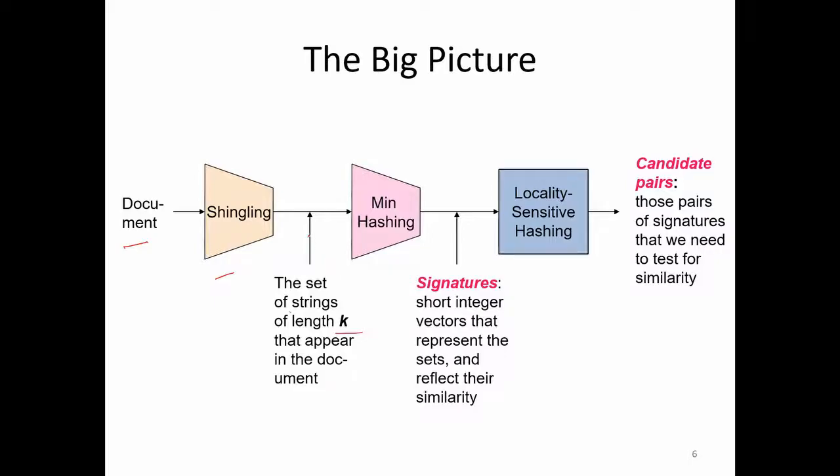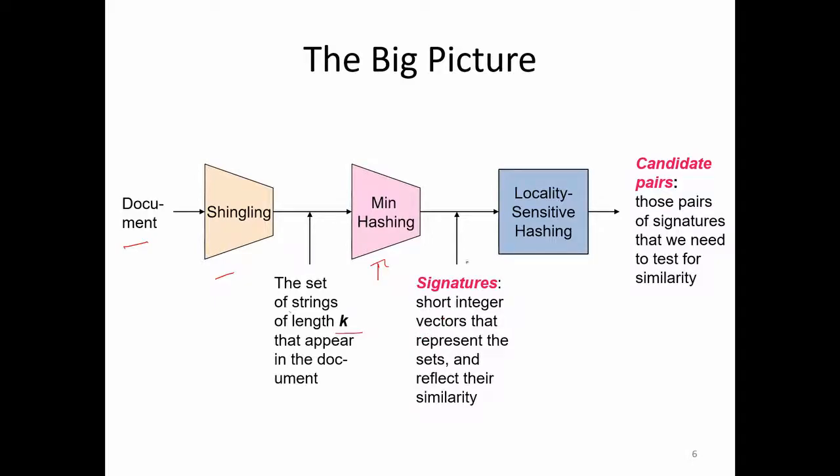Once you have the shingles, we pass them to the min hashing operation, which converts these shingles, corresponding to each of the documents, to signatures. These signatures are short integer vectors that represent the underlying sets of shingles and also reflect their similarities.